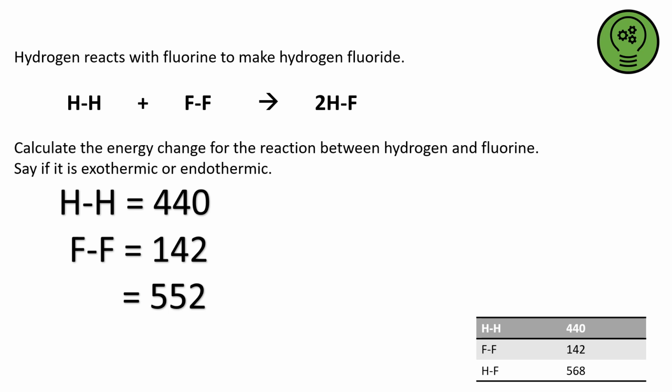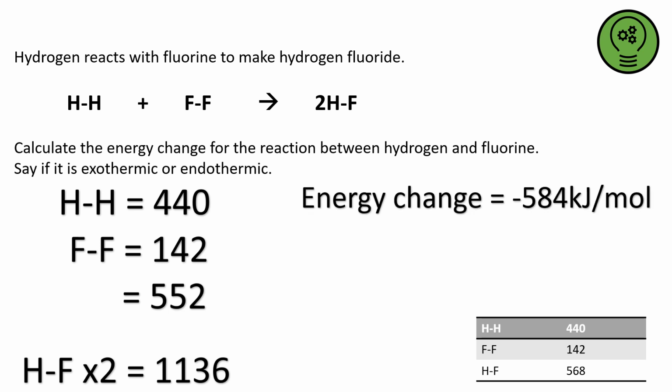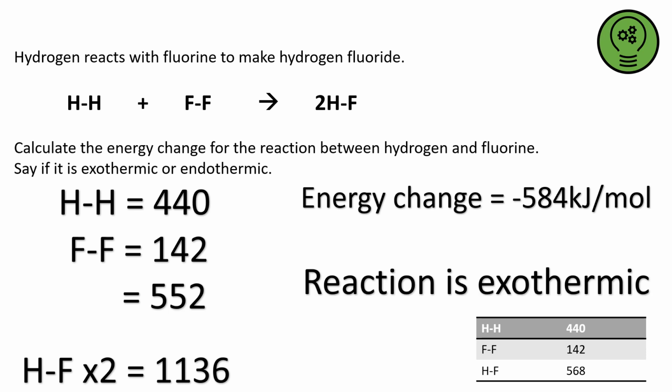On the product side, I've got 2 lots of the H to F, the hydrogen to fluorine bond. So that's 568 times 2, 1,136. I do that calculation, 552 minus the 1,136, giving me an enthalpy change of minus 584 kilojoules per mole. And again, this reaction is exothermic.